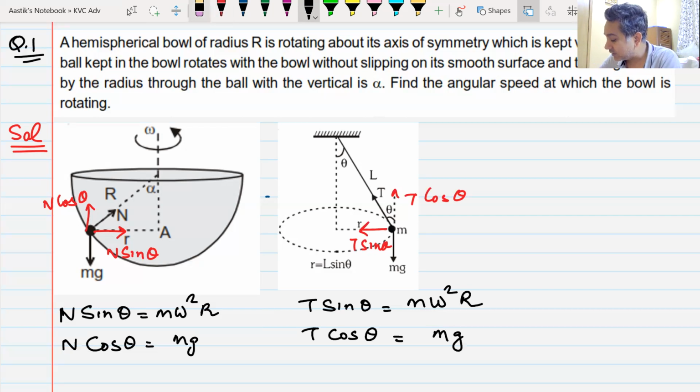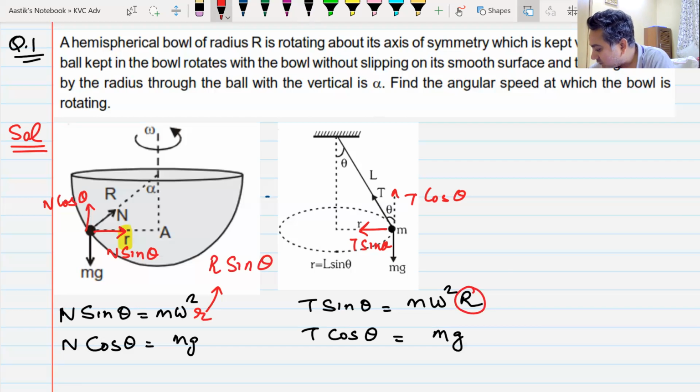Remember here this r is the radius of the circle. So this r should be this small r, and this small r is capital R sine theta. Here also this r is L sine theta.